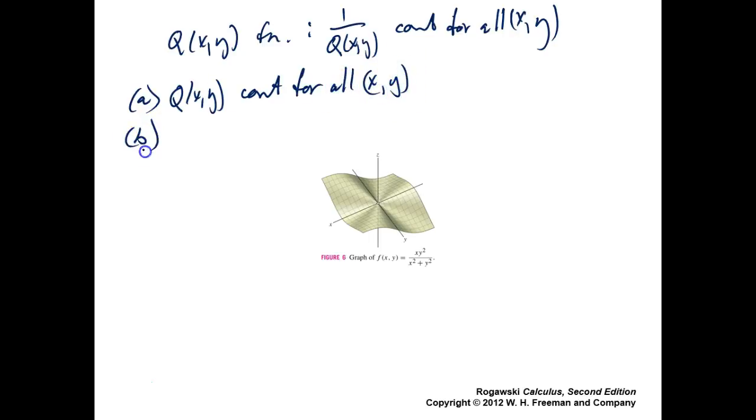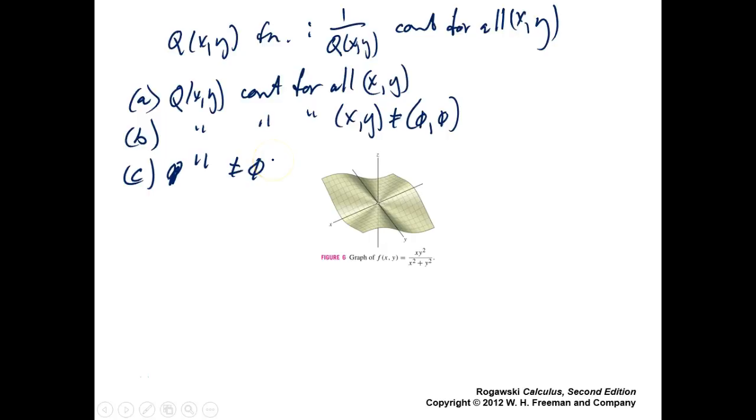B. q of x,y is continuous for x,y not equal to (0, 0), and all others. Or C. q of x,y is not equal to 0 for all x,y.